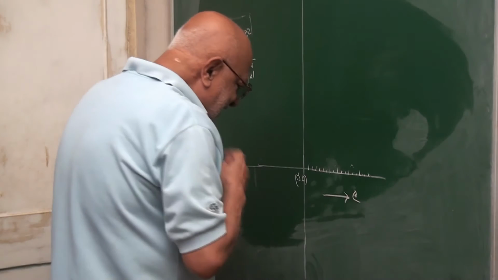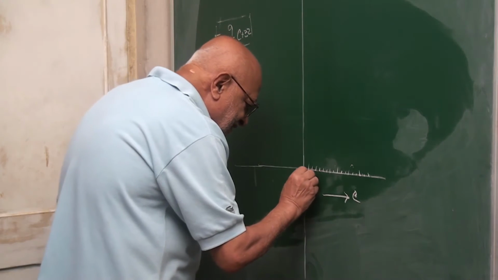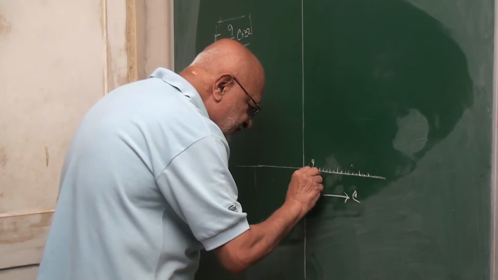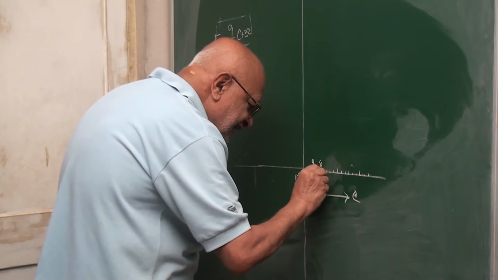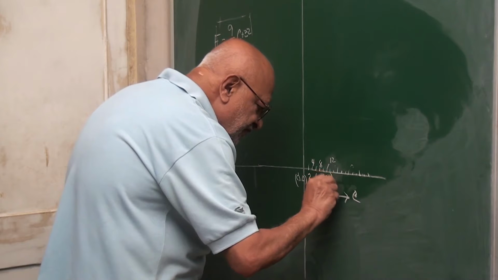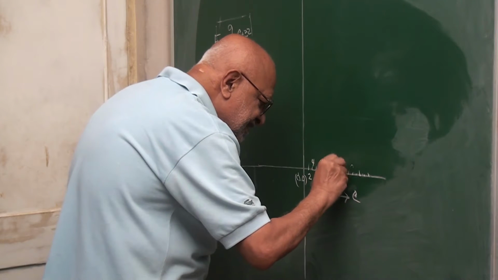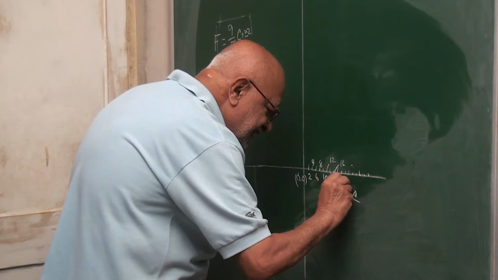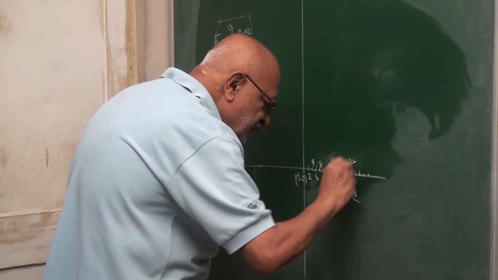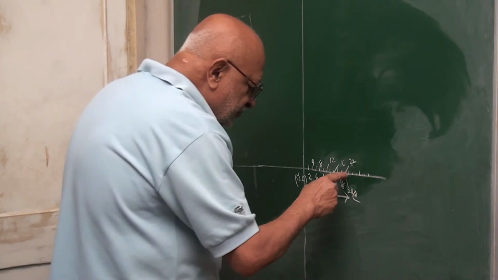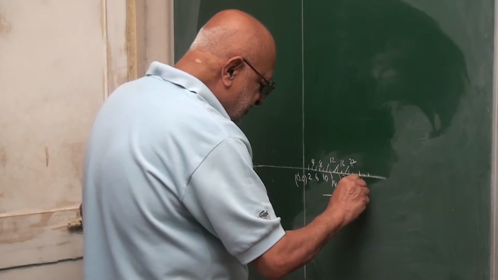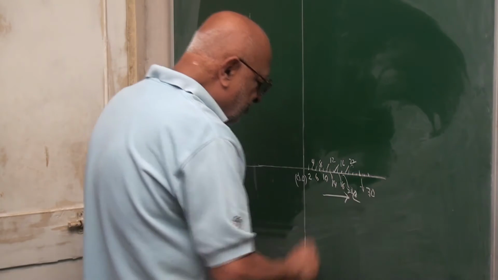Let us take it as 2, this will be 4, 6, 8, 10, 12, 14, 16, 18, 20, 22, 24, 26, 28, let us say this will be 30. I think we have to go up to 30.